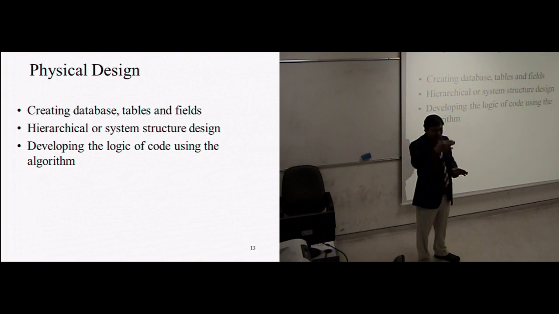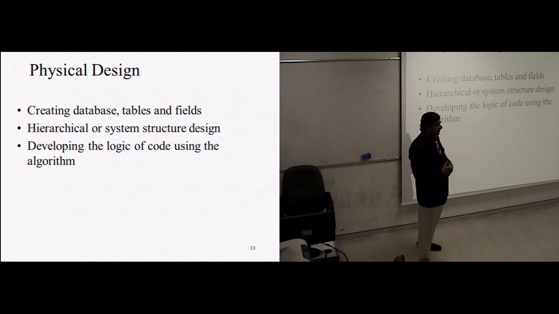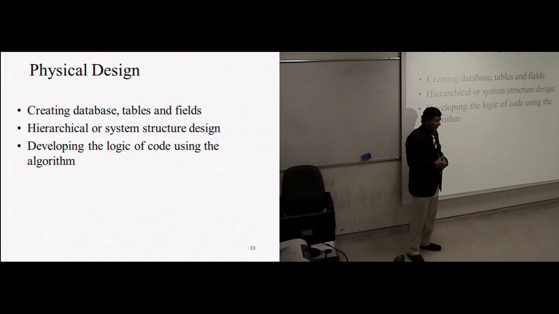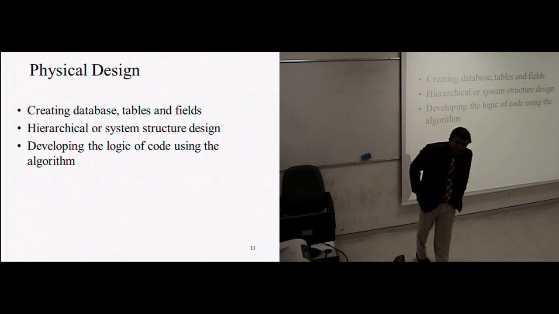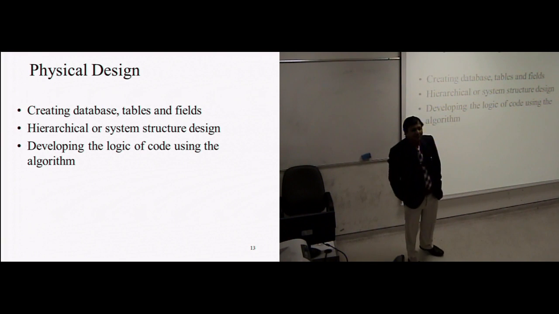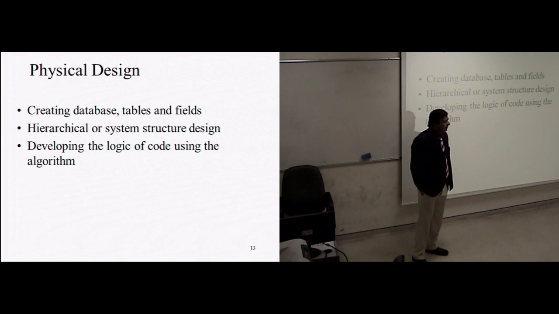How many techniques are there under algorithm designing? What are the main algorithm designing techniques? You already covered the subject for algorithm? Yes, you already covered that.